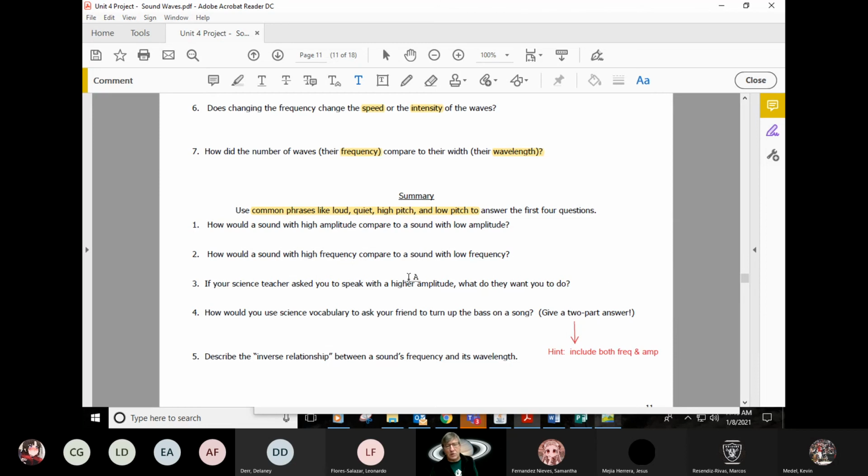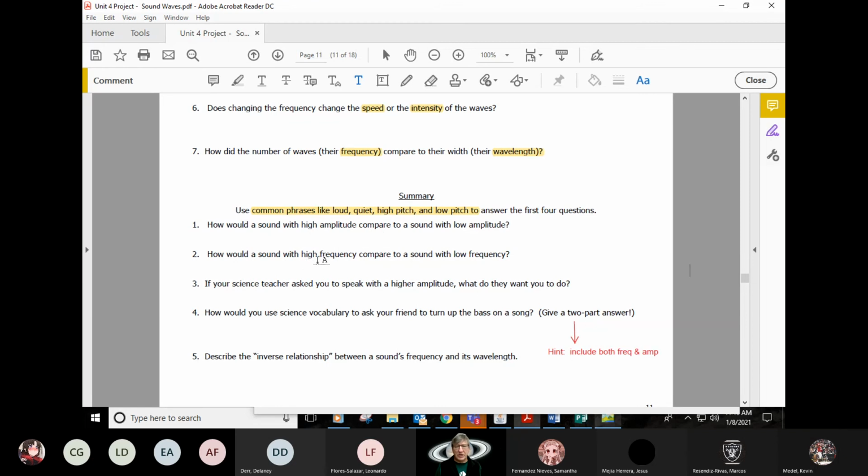On question 4, it turns it around backwards. For the first 3 questions, I used science vocabulary, and you give me a common phrase that means the same thing. High amplitude, low amplitude. What are the common phrases? Loud, quiet, high pitch, low pitch.